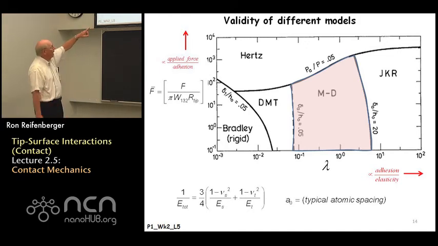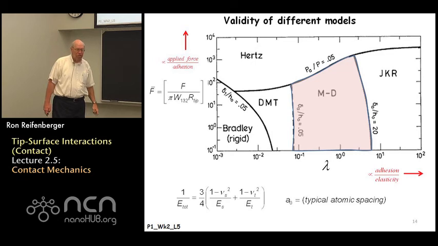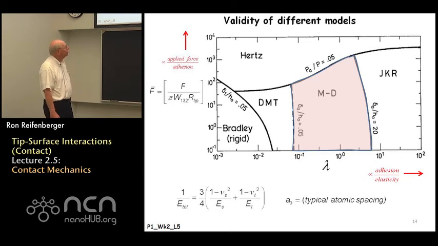I just wanted to point out that there's a region shaded in light orange. That region is due to the Maugis-Dugdale model for contact mechanics. It's a rather complicated model that bridges the gap between DMT and JKR in a rather complicated way.